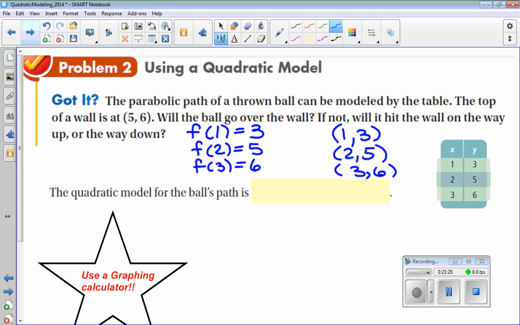We also have a mapping, where you have x's and you have y's, and I have 1, 2, 3, and I map it to 3, 5, 6. So aren't all of these really just four different ways to show you the same points? You need to know all four of them, because you might see them written in all four of those ways.